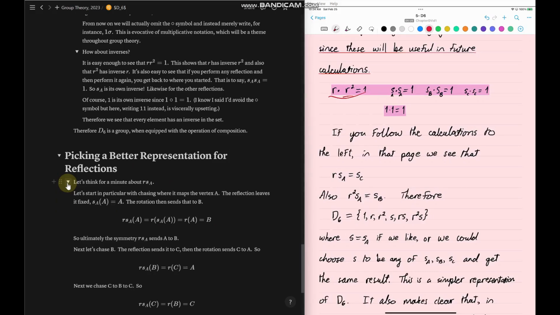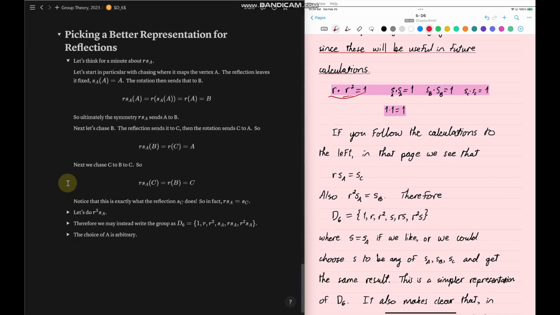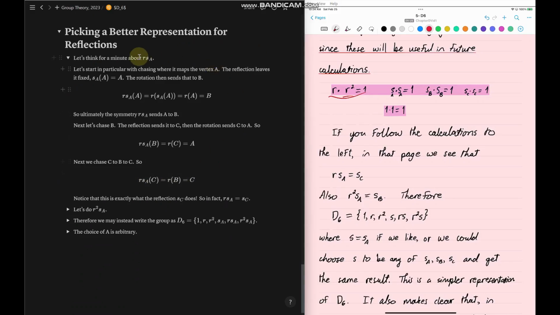Now, let's go ahead and think about taking the product of R and S_A. You can follow the calculations over here in this page to see that R times S_A is S_C.